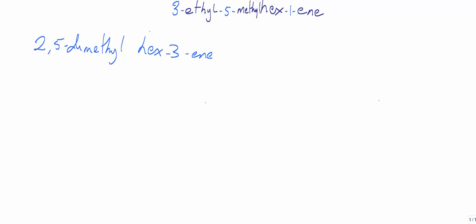You'll notice that we've got an ene here, so that is telling us that it's unsaturated, we're going to need a carbon-carbon double bond. We can see, however, that the longest carbon chain with our functional group is 6 carbons. So let's put out our 6 carbon chain.